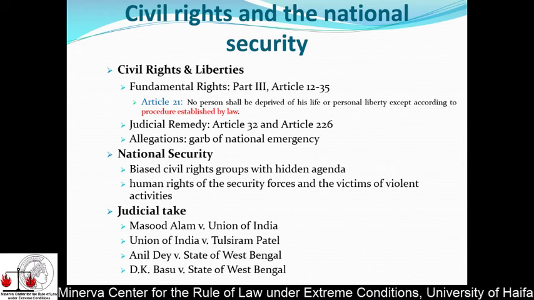But the problem is that the criticizing agencies or civil society groups don't take the remedy given in the Constitution, that is Articles 32 and 226, where they can challenge any law, regulation or action of the government in a court of law, and directly go to the Supreme Court. They don't need to go to the lower courts.